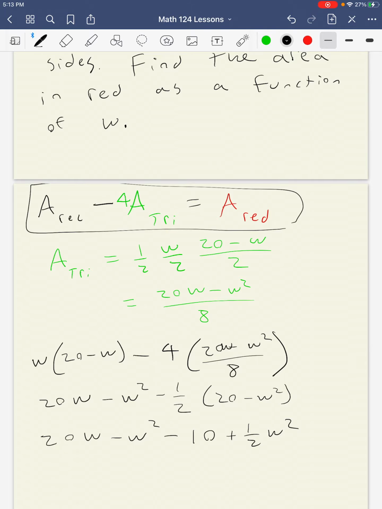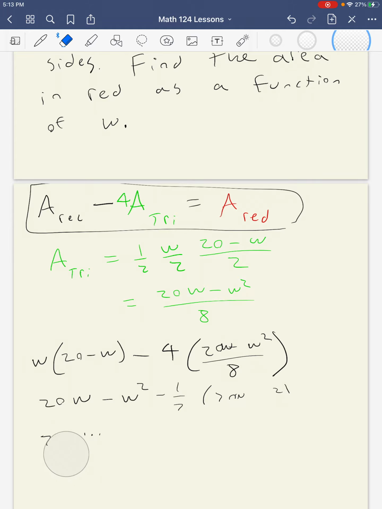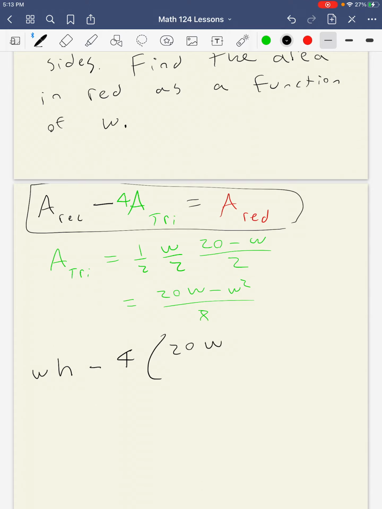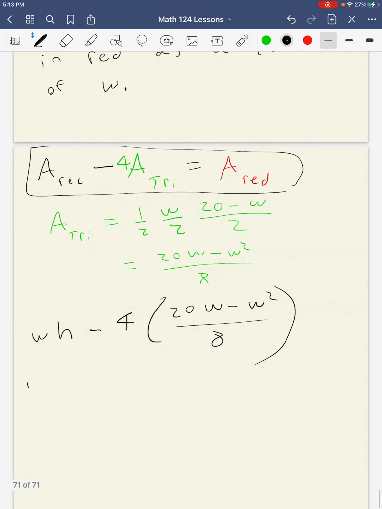Sorry, there was a W there. Let me go back, I forgot to write a W. So the area of the rectangle was width times height, then we do 4 times the area of the triangles. Okay, width times height was given by this. This was height.